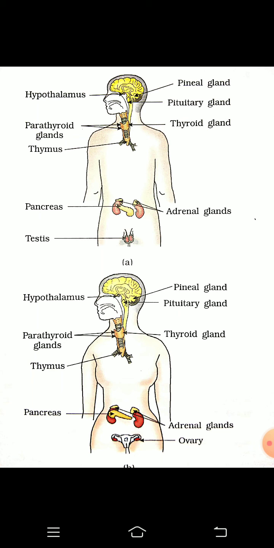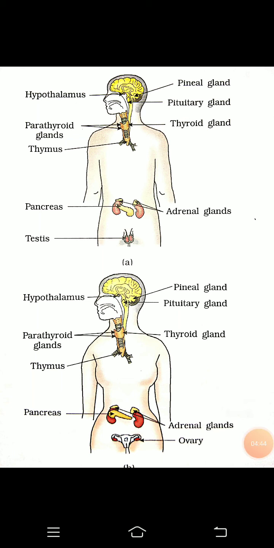They secrete hormone called adrenaline. The gland is adrenal gland and they secrete hormone adrenaline. They help in regulation of blood pressure, heartbeat, and that is why it is called that they are helping in emergency situations.